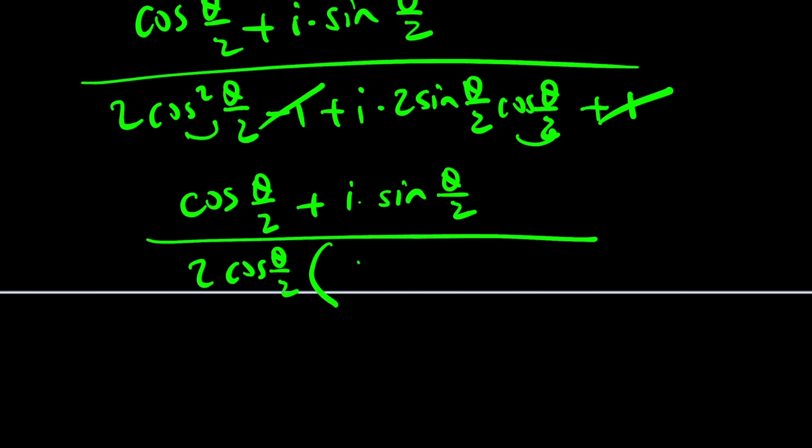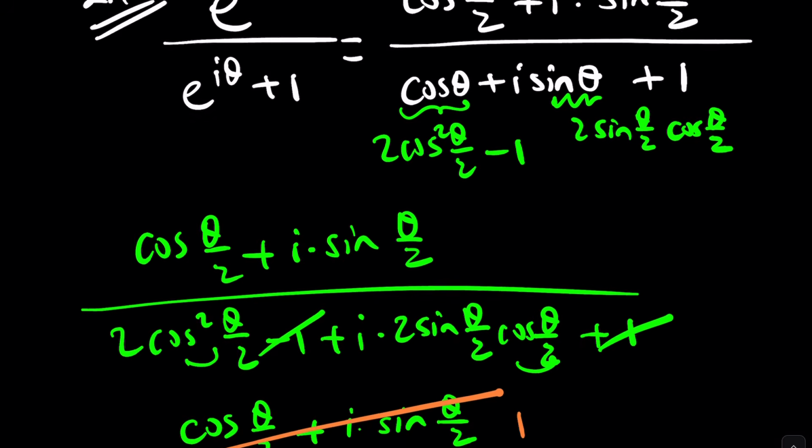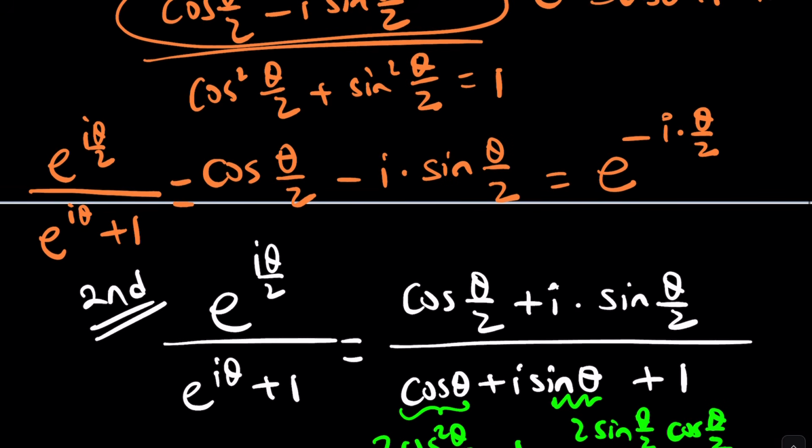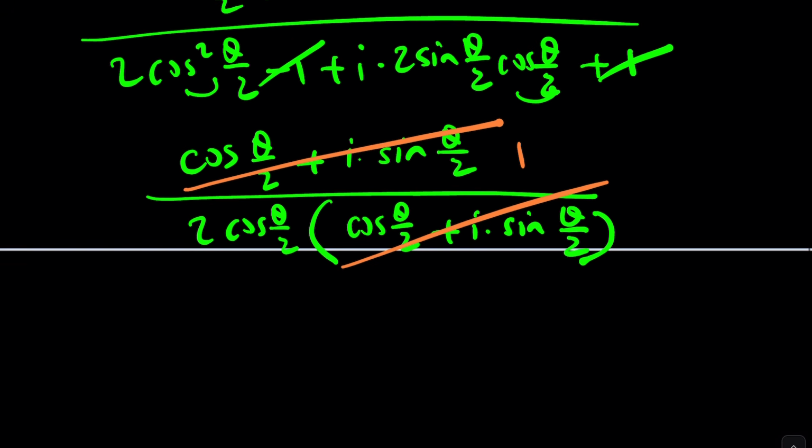And inside we're going to get cosine theta over 2 plus i sine theta over 2. And then guess what? Cosine theta over 2 plus i sine theta over 2 is going to cancel out. And we're going to end up with something like this. But the million-dollar question is, why does this look like that? That's for you to find out.